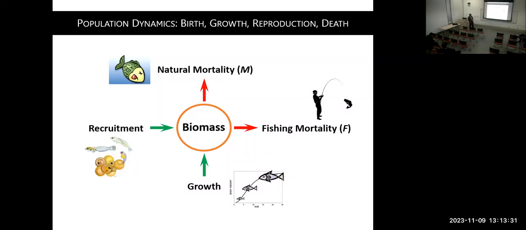One is natural mortality, caused by predation, disease, whatever causes death. Then you have fishing mortality, from recreational fisheries and commercial fisheries. Those reduce biomass. And then you have recruitment, which comes from the spawning stock biomass, that increases the biomass.